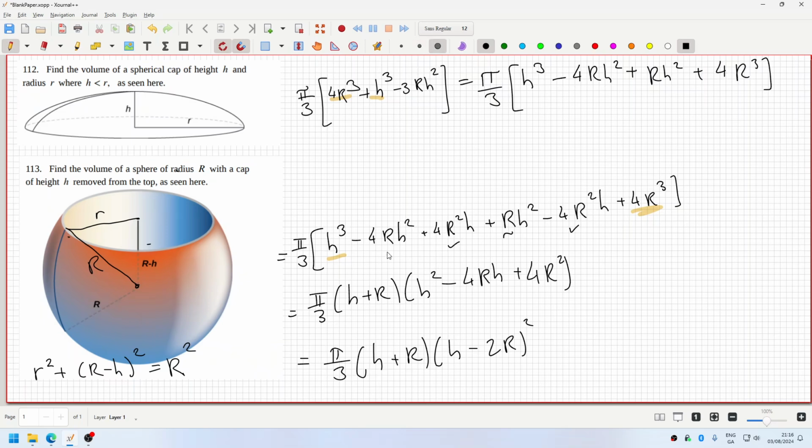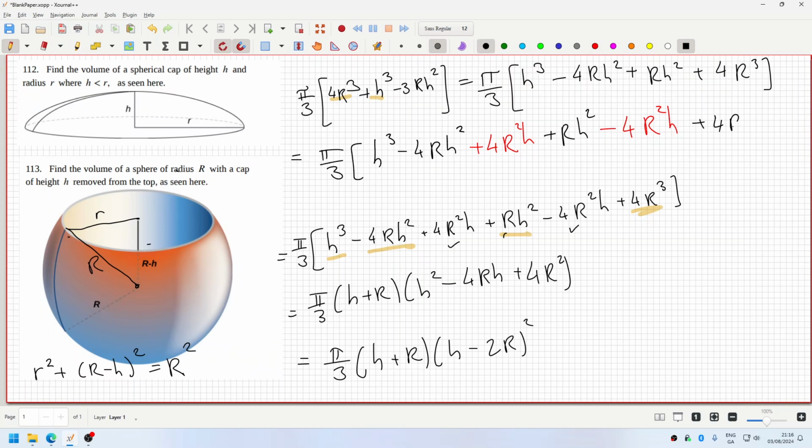So that takes care of that, and then that takes care of that. And then pi over 3 h cubed minus 4rh squared, and then in red, plus 4r squared h, plus rh squared minus 4r squared h, plus 4r cubed.